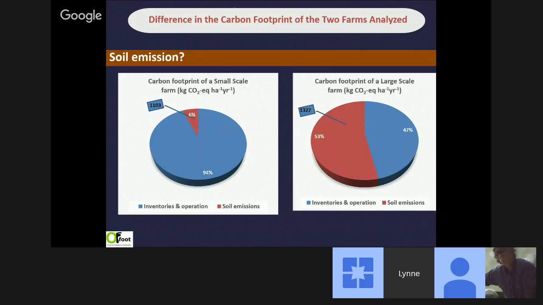The person on the left is looking at changing some of the operations and materials being used. The person on the right, per hectare and per unit production, has a much lower footprint. But what we see there is a lot more carbon dioxide coming from soil emissions, partly because he's doing these really intensive green manure operations. So there's a lot of carbon just coming and going from his system.